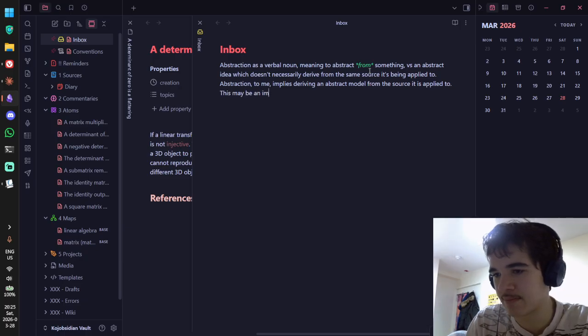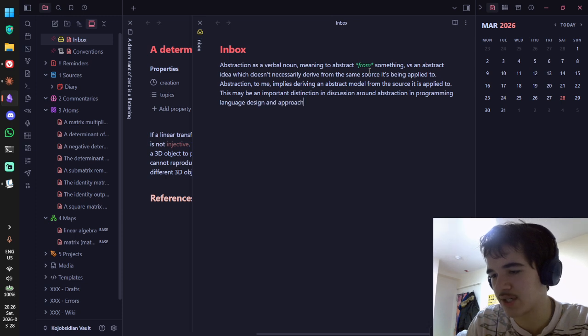This may be an important distinction in discussion around abstraction in programming language design and approaches to programming and models of programming in general.